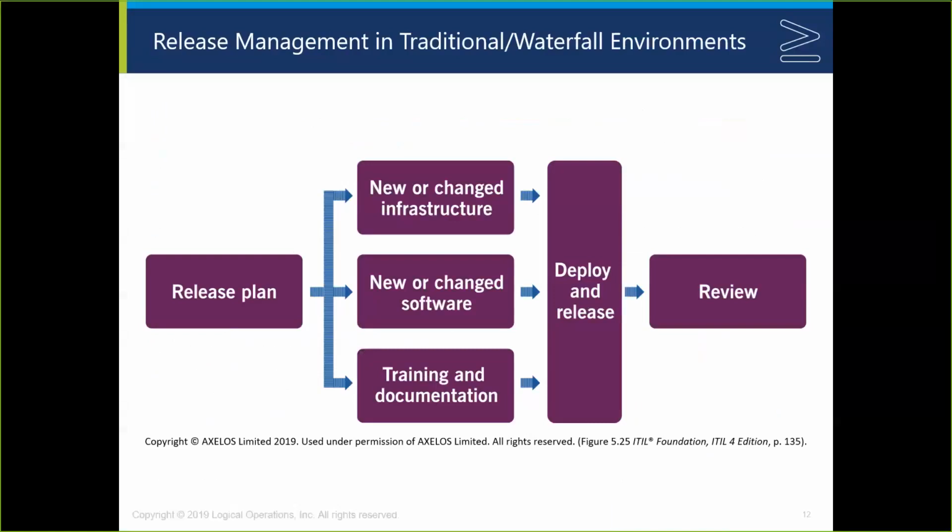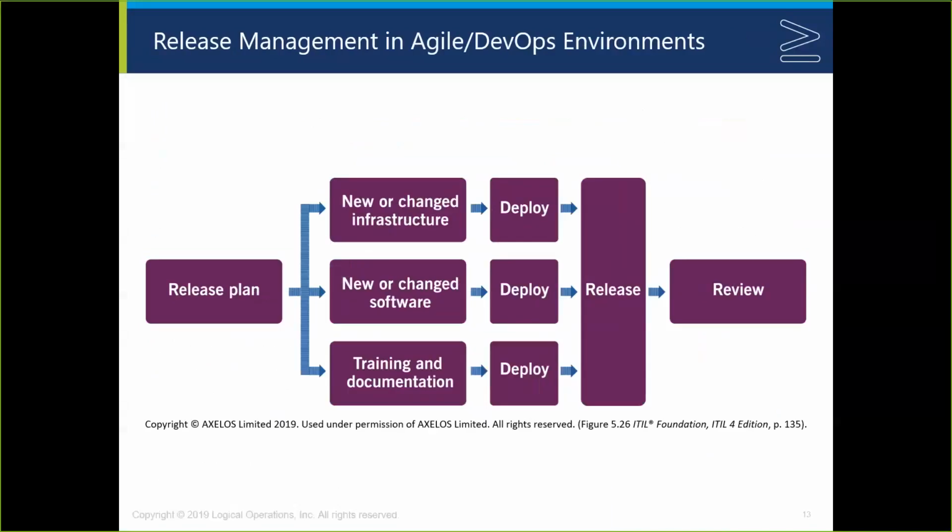So they call out the differences between doing this in the traditional waterfall approach and doing this in an agile approach. In the waterfall approach, deploy and release kind of happens together, right? We push stuff into production as we release it for people to use it. In a more DevOps type approach, I may deploy it, but I may hide it behind a feature flag, or I may hide it in some AB version of an environment, and I may only release it when it's ready to be released, right?